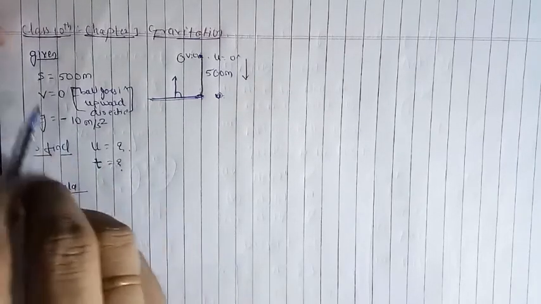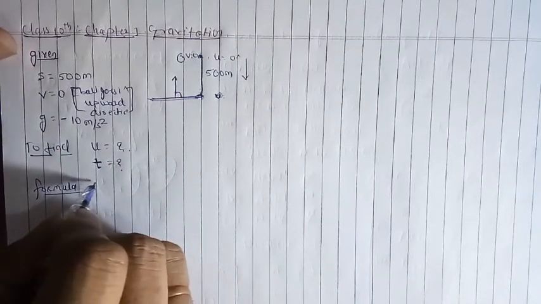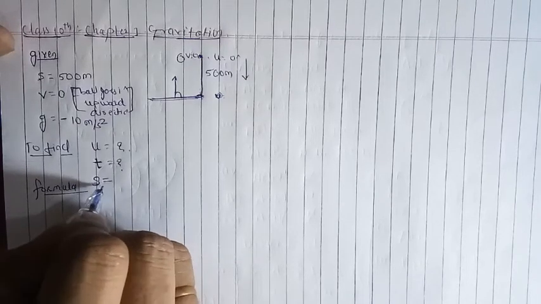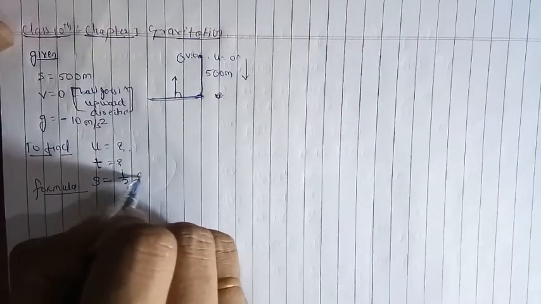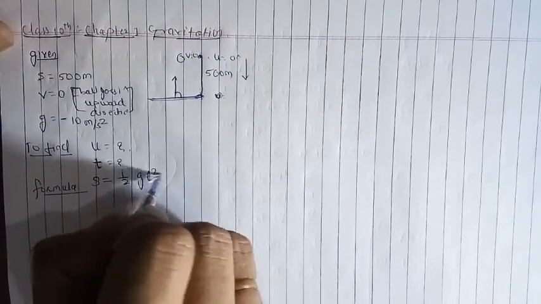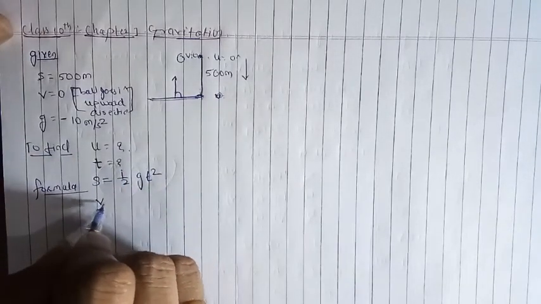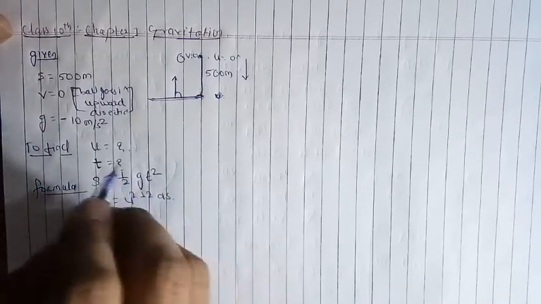Now the formula. Which formula are we going to use? The distance relation. It is the second kinematic equation, which is s equals to half g t square, which we derived in the last video. And the second formula we are going to use is v square equals to u square plus 2as.